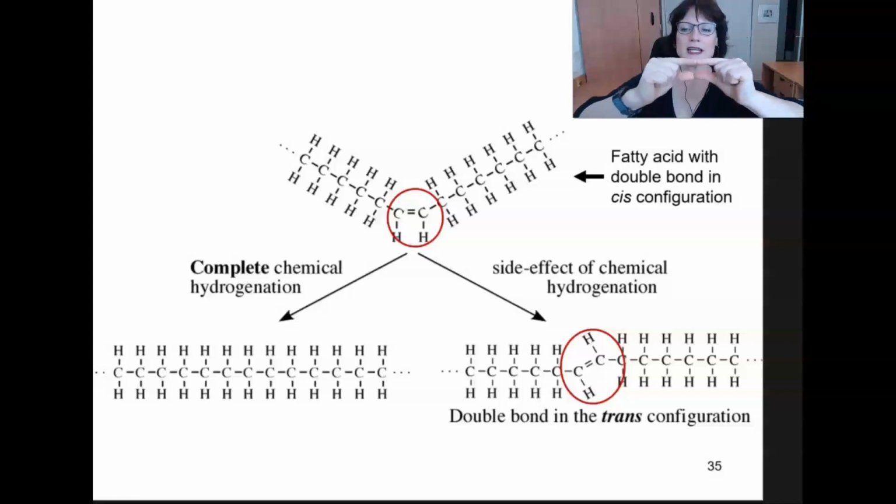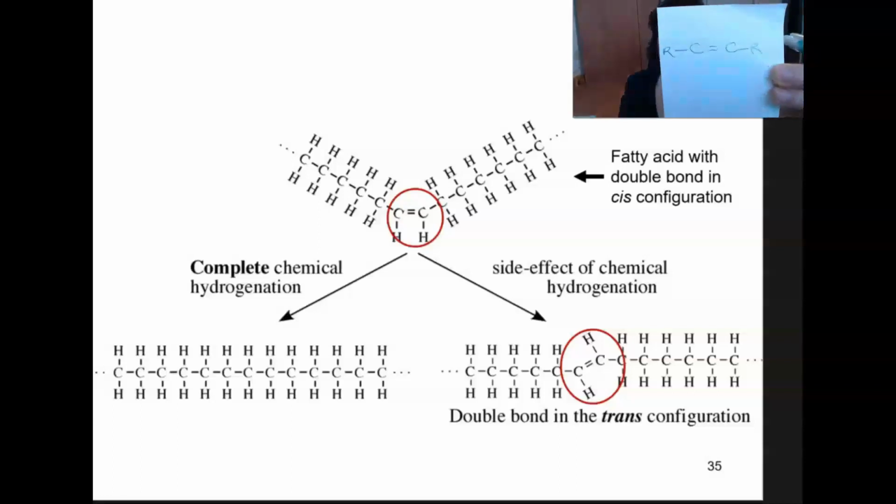I'm going to have to show you in a picture, the old-fashioned way. So here you have a carbon-carbon double bond, and I haven't shown the hydrogens yet. Presto changeo. Okay, I've added the hydrogens, and those are the hydrogens that are in cis.